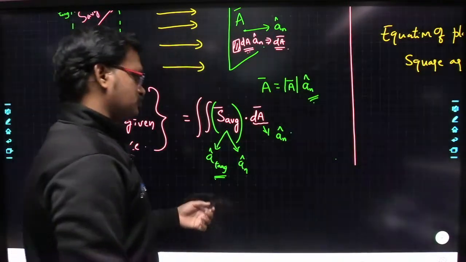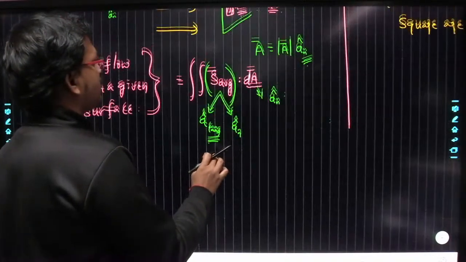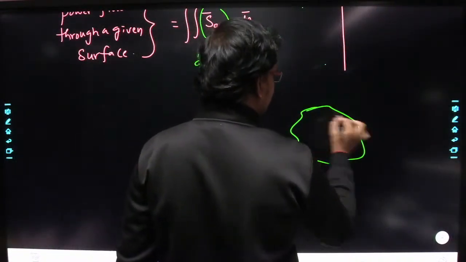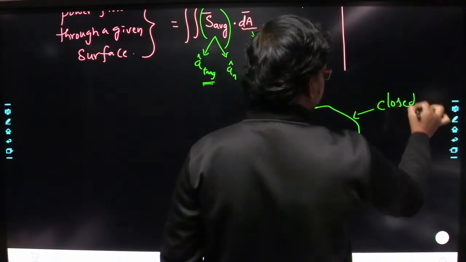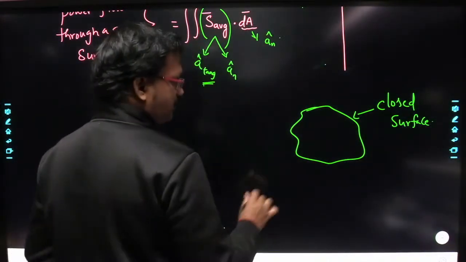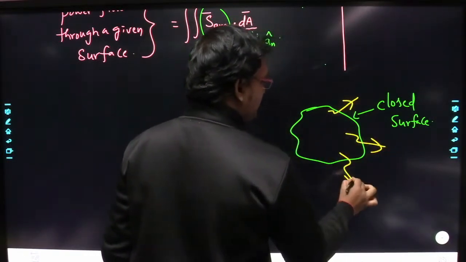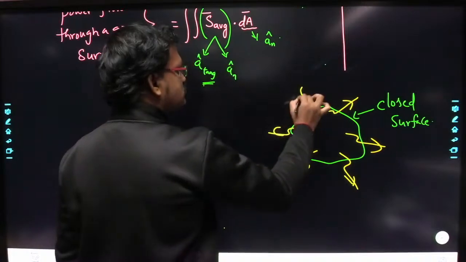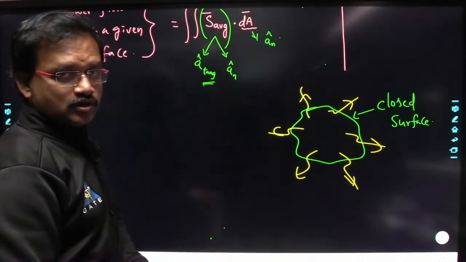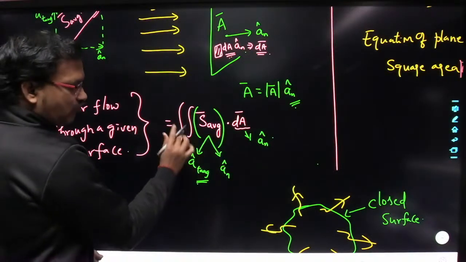Now, I have considered simply an open surface like this. Suppose they have given a closed surface, and the power is leaving through this closed surface. How do you represent the power flow through it? It is very simple. Since it is an open surface, you do an open surface integration.